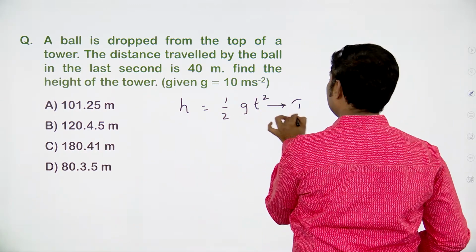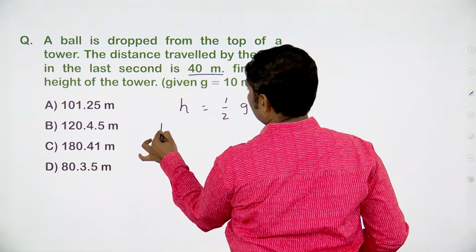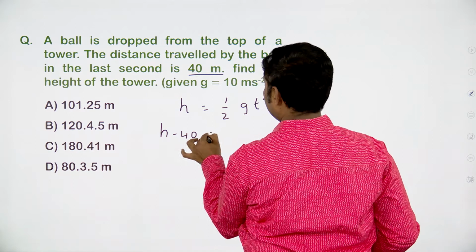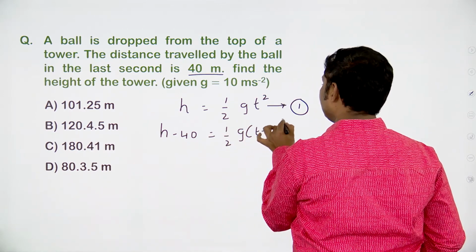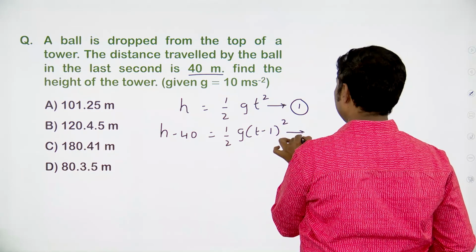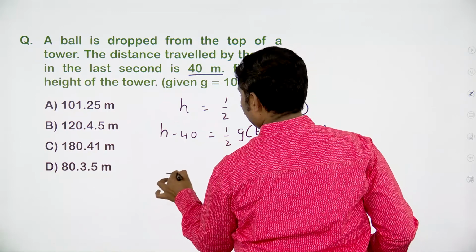This is equation number 1. In the last second it has traveled 40 meters. Therefore h minus 40 is equal to 1 by 2 into g into t minus 1 whole square. This is equation number 2. We are going to solve these equations.